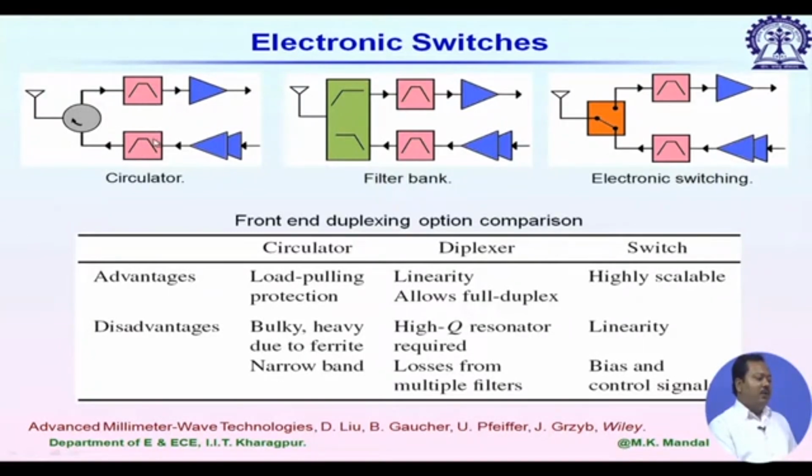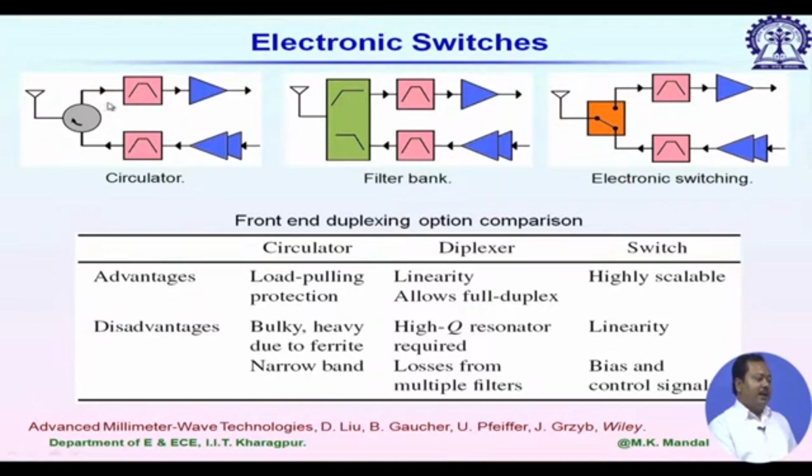When the signal from the transmitter side goes to the circulator, the circulator directs the signal to the antenna, and if any signal is received by the antenna, then the circulator directs it in the same direction to the receiver, in a clockwise direction, as shown. So, that is how we can isolate receiver and transmitter.